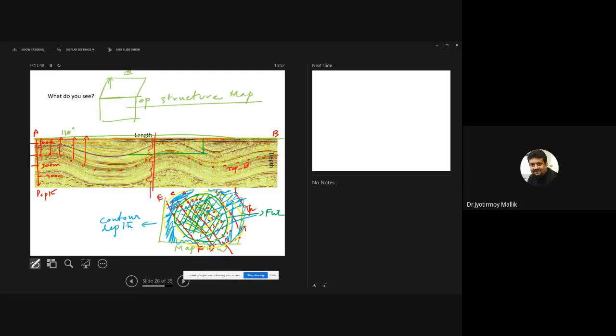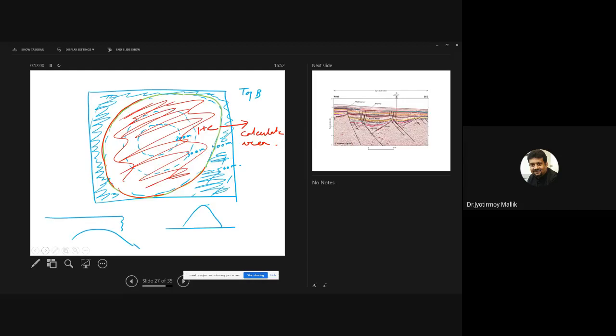From this gamma ray, I have found out a reservoir which perhaps has a thickness of 10 meters. So the calculated area say is perhaps 100 square kilometer. That is what you have calculated from the top structure map. And then you have found the thickness of the reservoir.